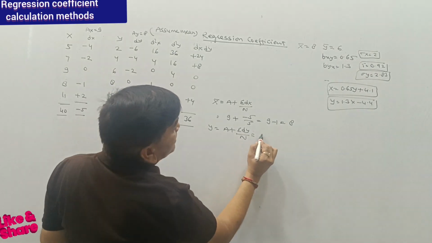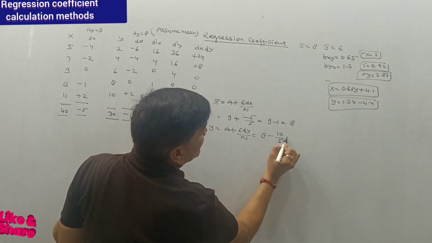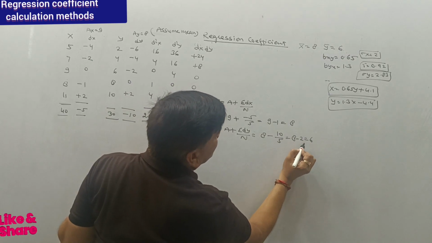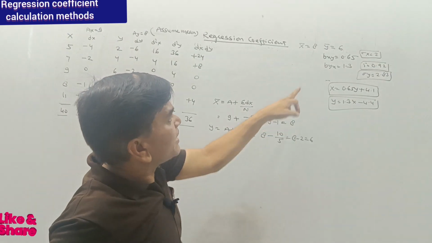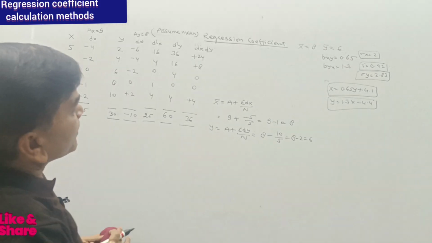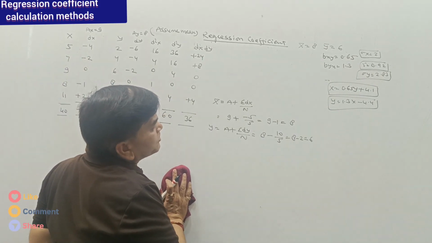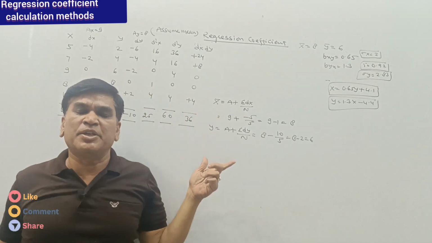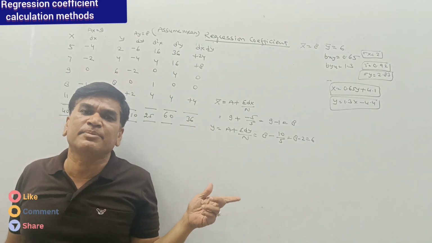So the assumed mean is 8 minus 10 divided by 5, that is 8 minus 2, that is 6. No problem at all, x bar and y bar are equal. We have used the shortcut assumed mean formula for calculating the arithmetic mean of x and y.